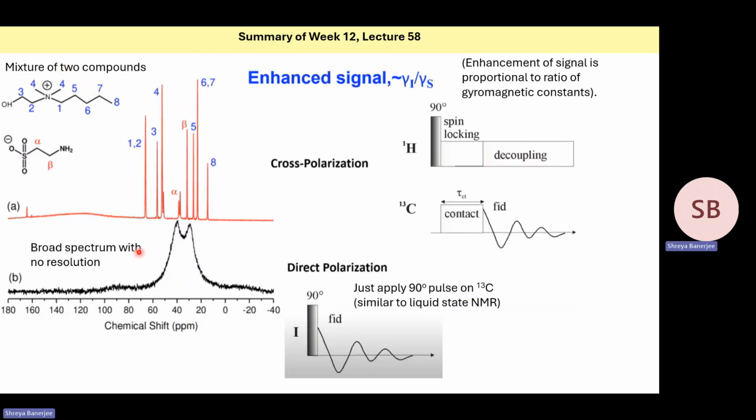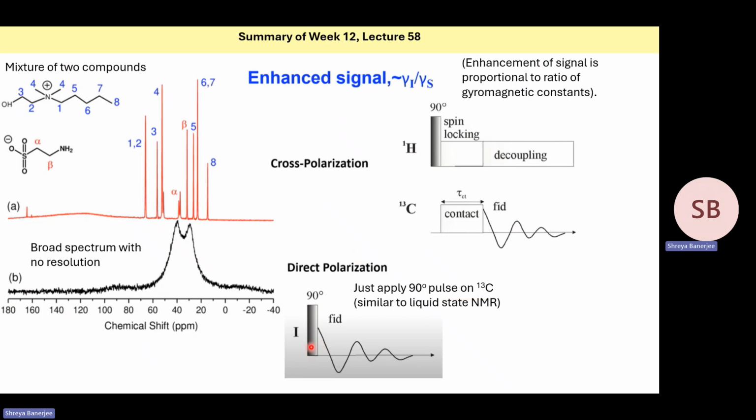Now, here an example is shown. You have a mixture of two compounds. In the first compound, the carbons are shown by the blue lines and blue numbers. And in the second compound, the carbons are shown by the red lines and red alpha and beta peaks. So the lower spectra is one where there is direct polarization.